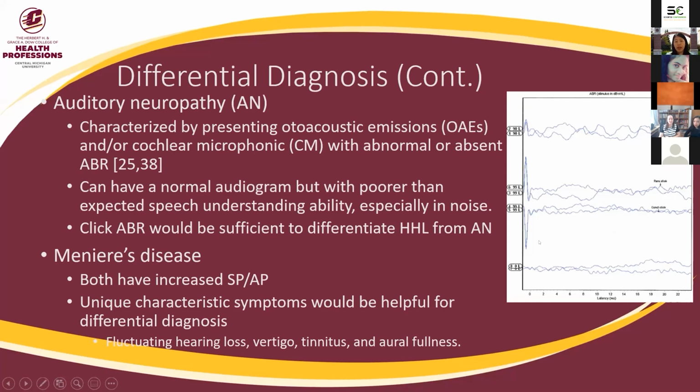It will change polarity according to the stimuli changing from rarefaction to condensation. Well, the hidden hearing loss will have waves. Meniere's disease also has increased SP/AP, but it has unique characteristic symptoms which will help for the differential diagnosis.